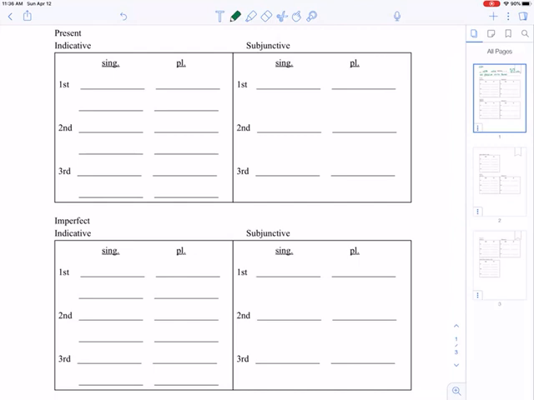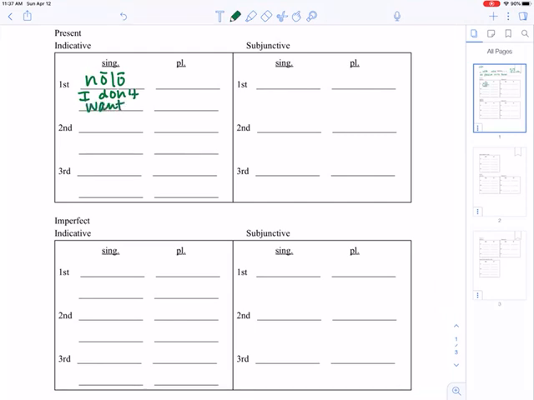So here, let's talk about our present indicative. We're going to have nolo. I know your English teachers say to not use contractions, but for the sake of space here, I'm going to say don't want. So I don't want.